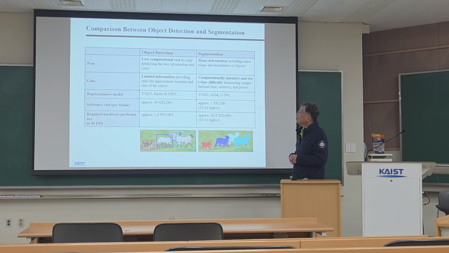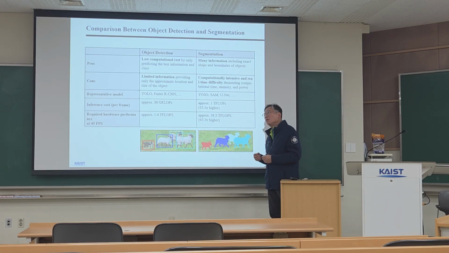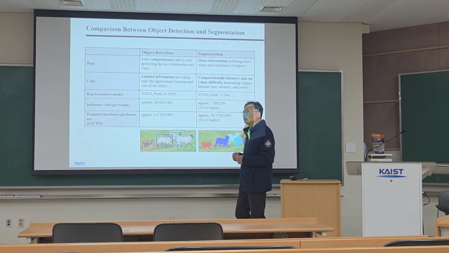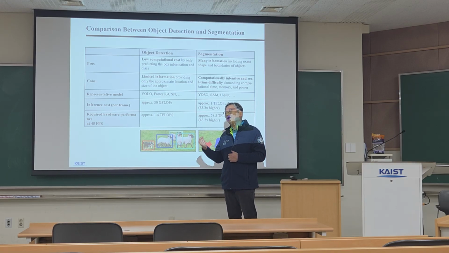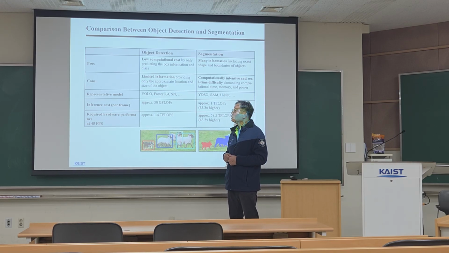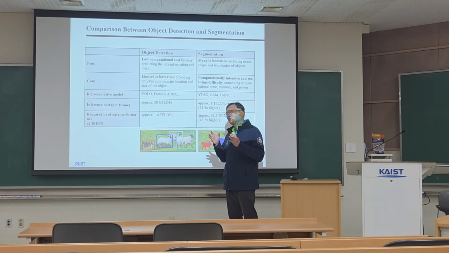Object detection requires much less computation than segmentation, for obvious reasons, right? Because in segmentation, you're trying to label all of the pixels, essentially. And in object detection, you're just trying to find where your object is.